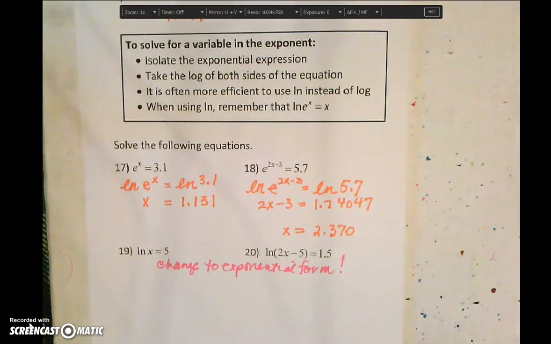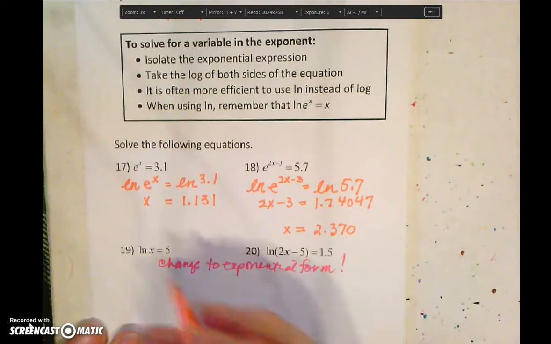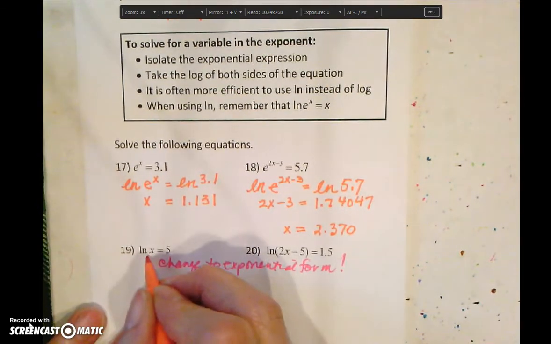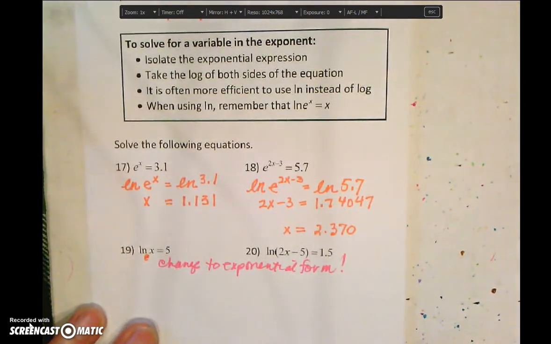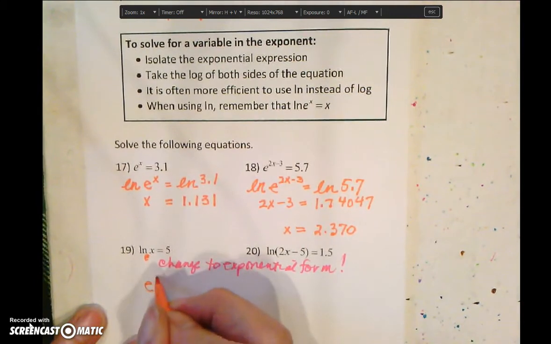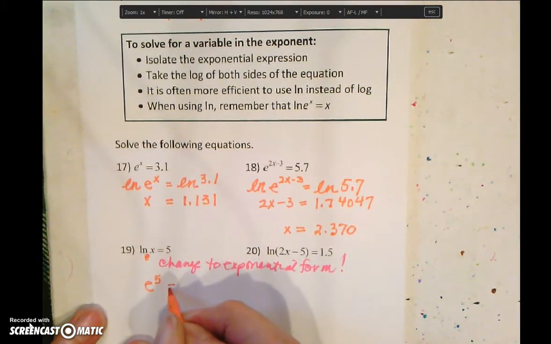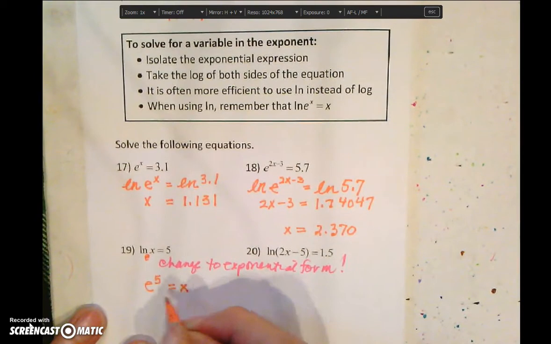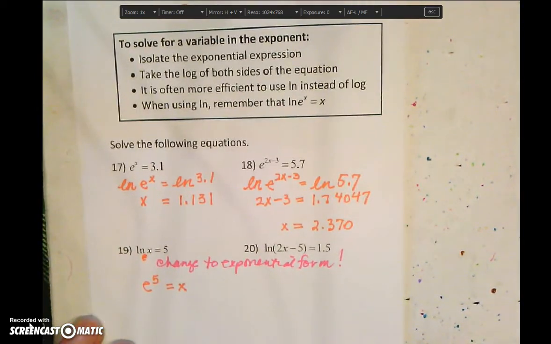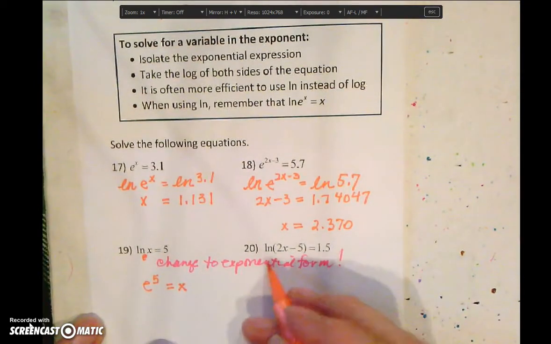So that's what you always do if you have a log and you need to solve. So let's take this then and change it to exponential form. Remember we had that understood e right there. So this is going to be e to the 5th is equal to x. And again, I'll put that in my calculator and get an answer for that. I'll do that in just a minute.